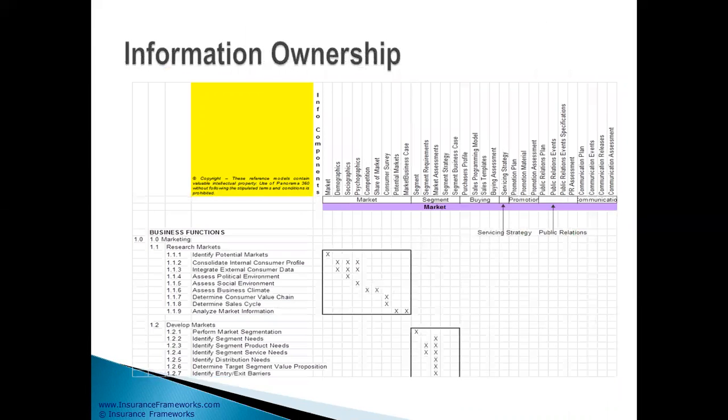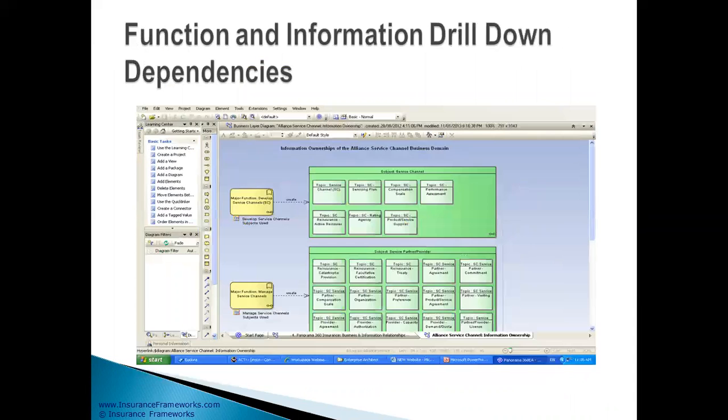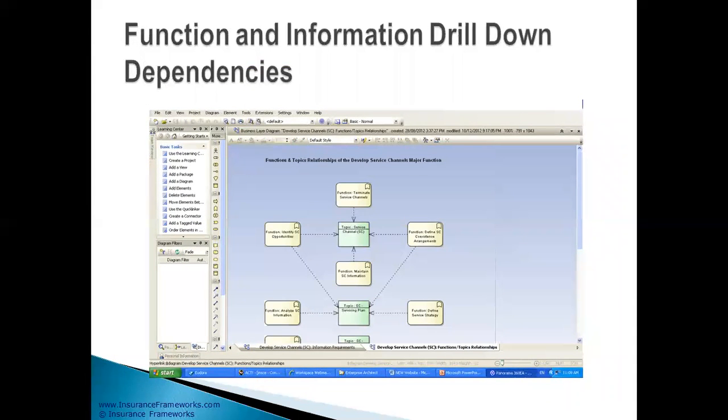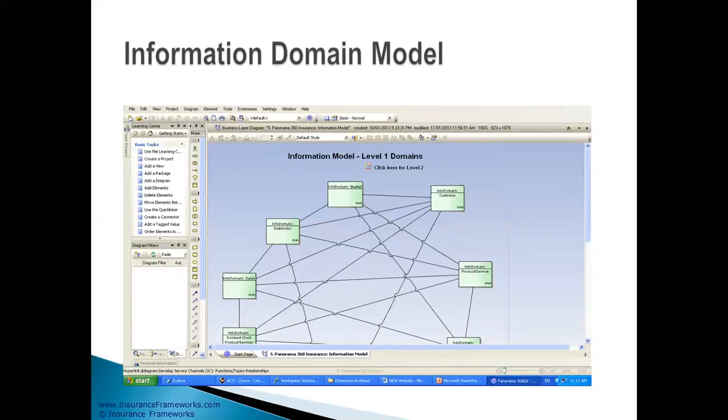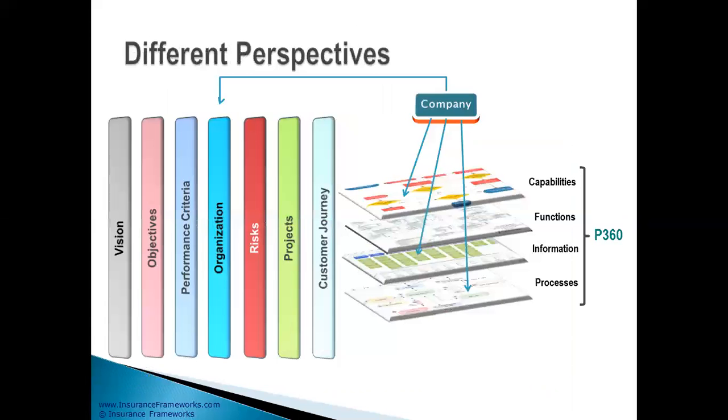We also have an information ownership map between the lower levels of capabilities and the information topics, which is then represented in Panorama. And last, we have an information model at 2 different levels of structure.